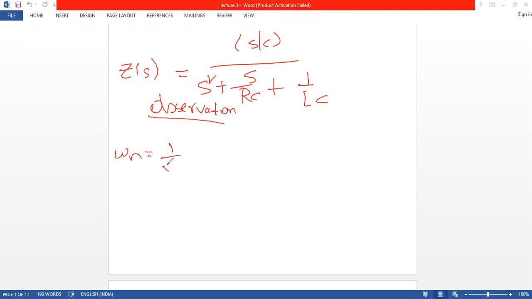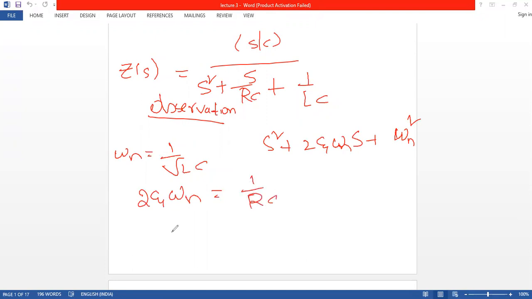Omega n equal to 1 by root LC, and the denominator is S square plus 2 zeta omega n S plus omega n square. So omega n is 1 by root LC. Now 2 zeta omega n equal to 1 by RC. So zeta is 1 by 2 RC into omega n.